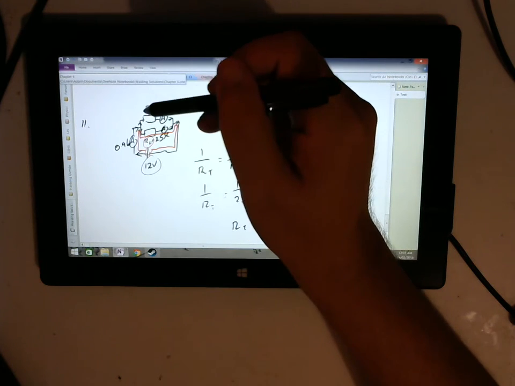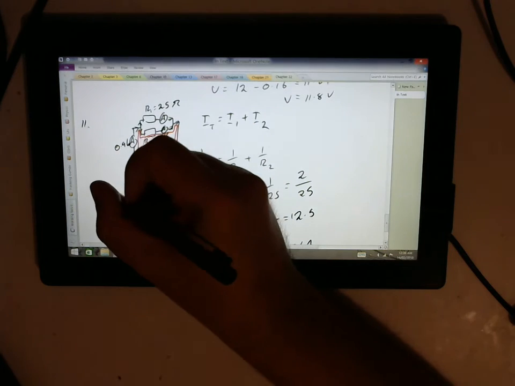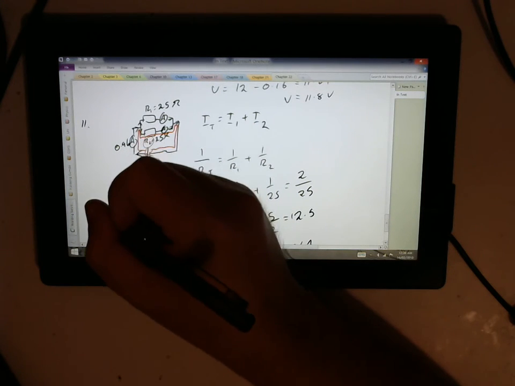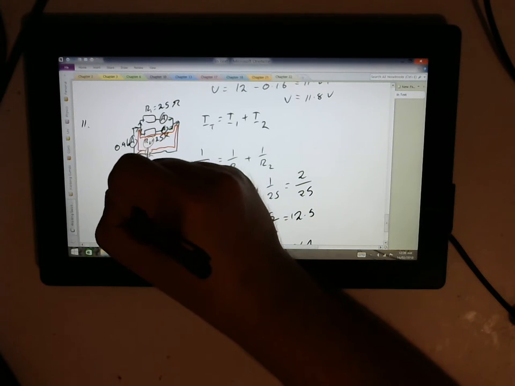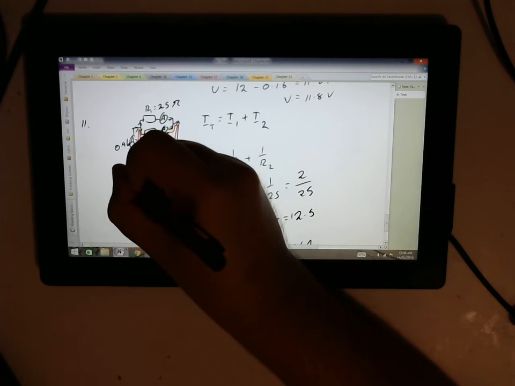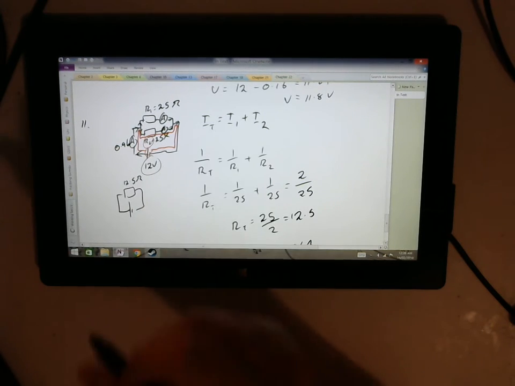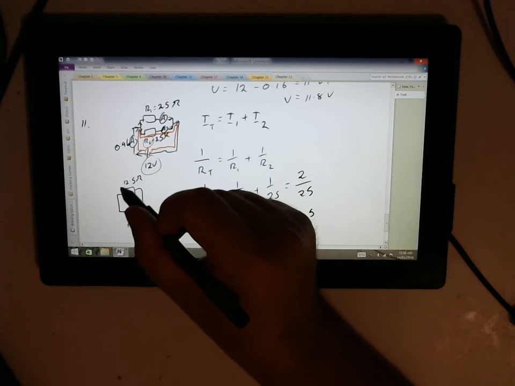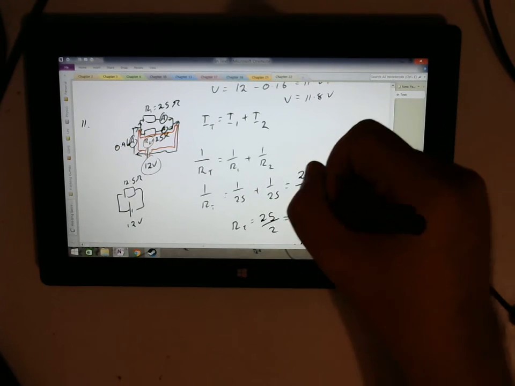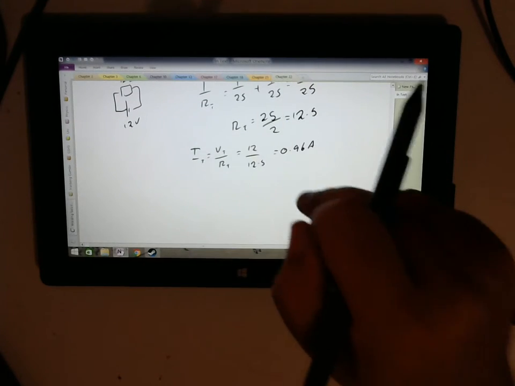The other way of doing this is because this is equivalent to the circuit that, let's redraw this battery into one resistor with 12.5 ohms. Again, we've got the current, so the total resistance here is just going to be 12, because we're going to end up reversing this equation.